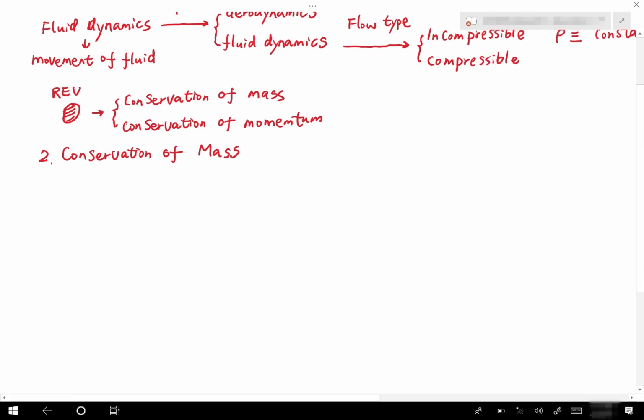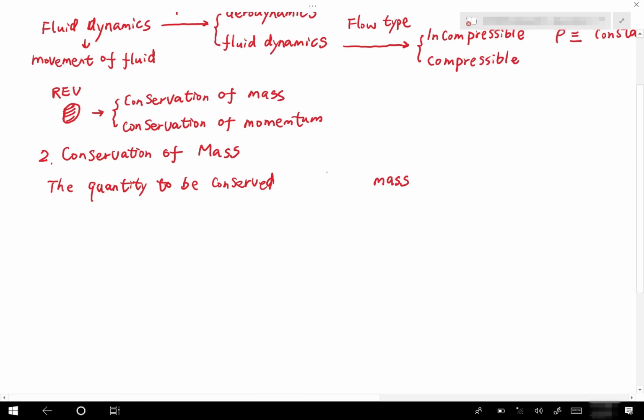So in this case, the first thing we need to find out is the quantity to be conserved. And the quantity to be conserved in this case is mass. But since we are talking about a REV, we are talking about unit volume.